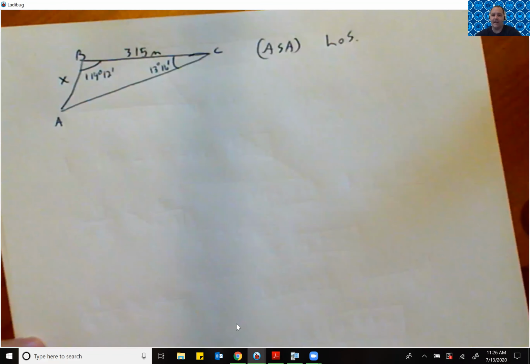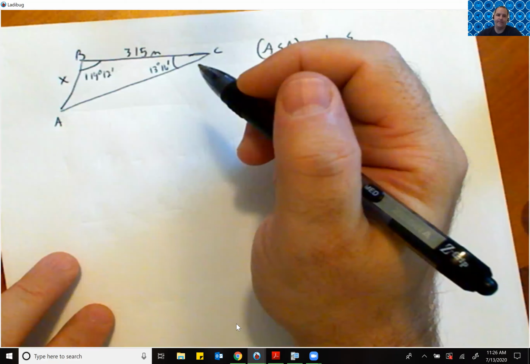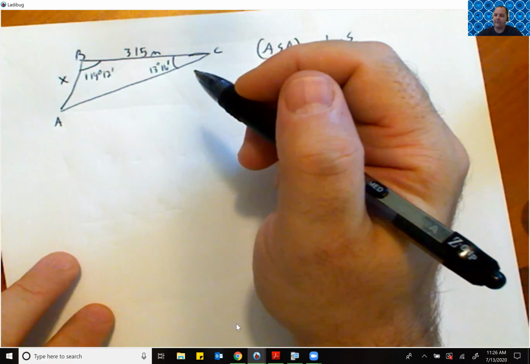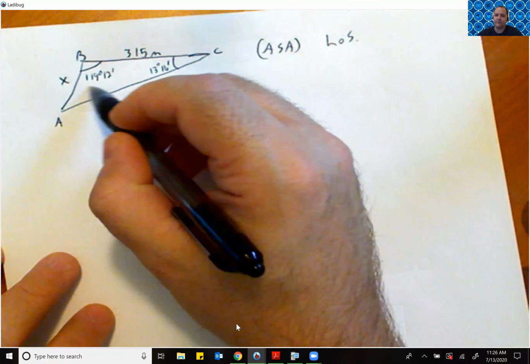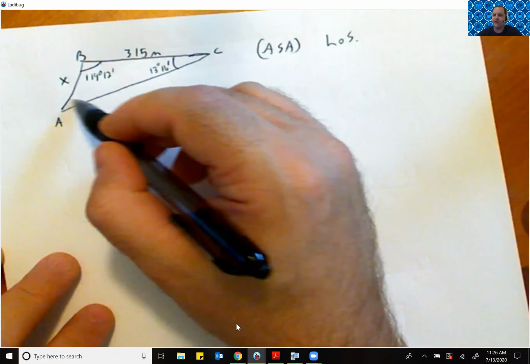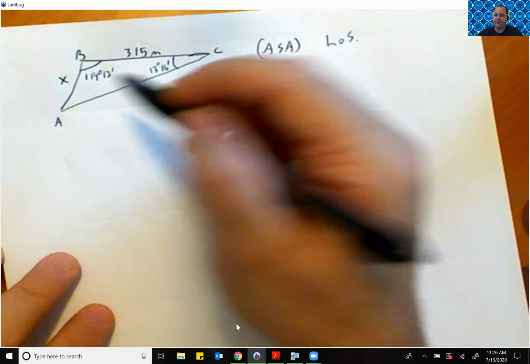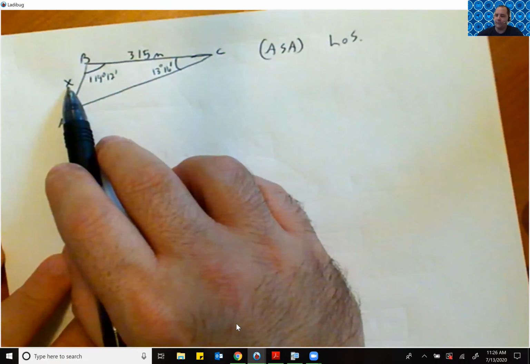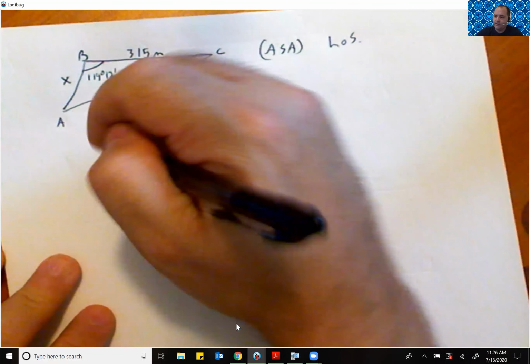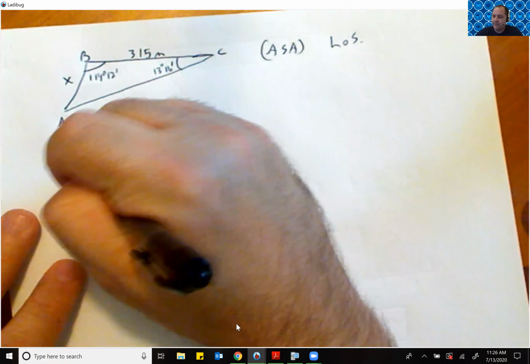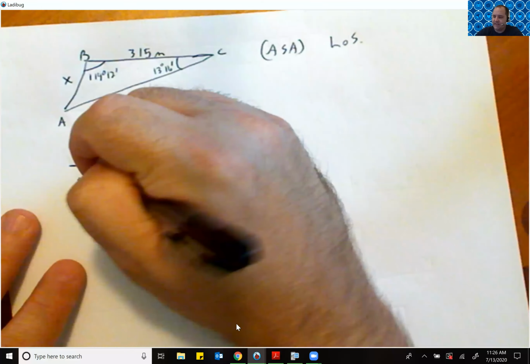So what we're going to need to do is figure out this angle right here first. Because we don't really have everything to set up here because we've got x over sine of 13 degrees, 16 minutes.